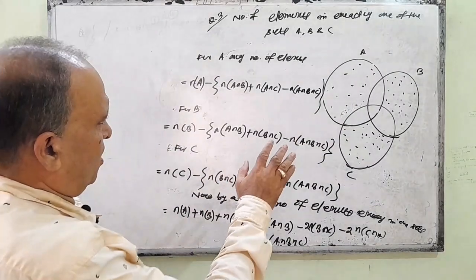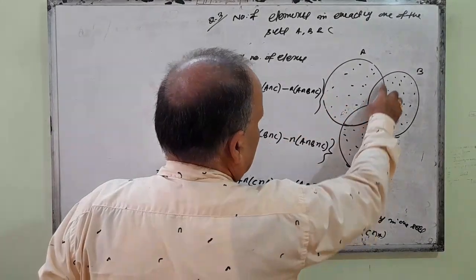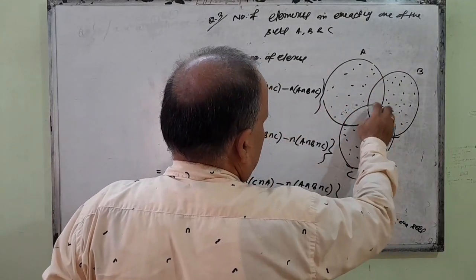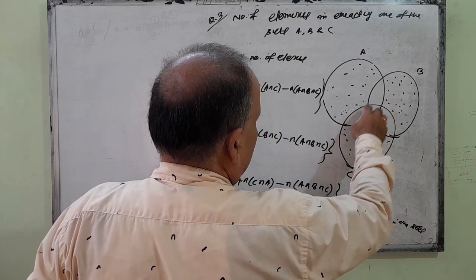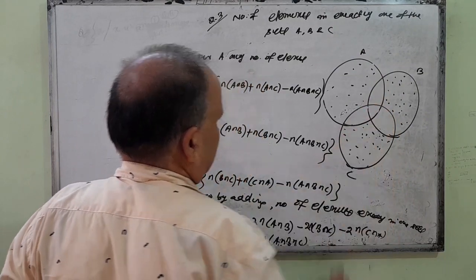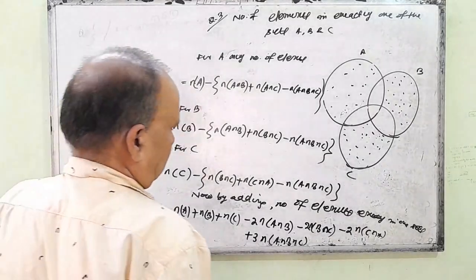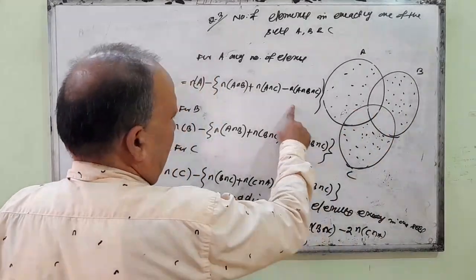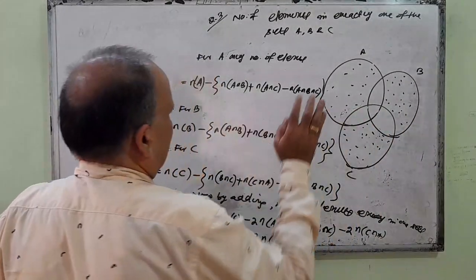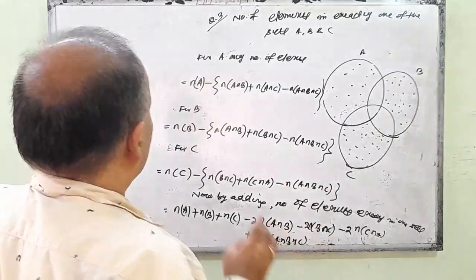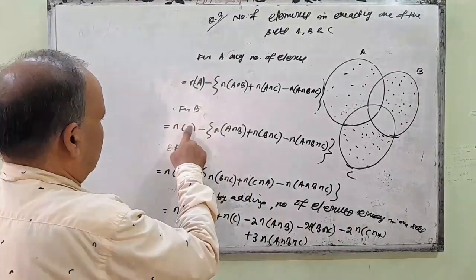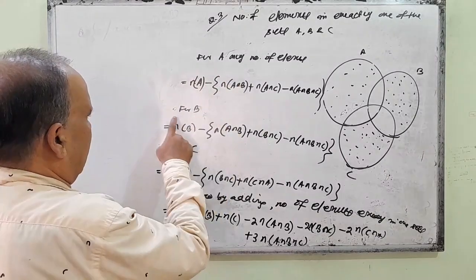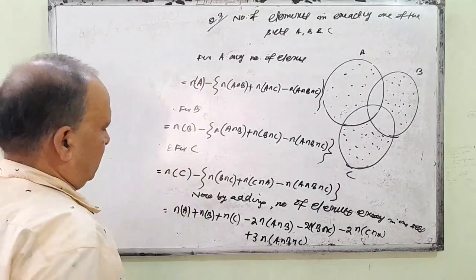For the first part only, this plus this minus this. One you remove, only just one remove, that means the remaining part is intact. So this is for A, for B and for C, then you add all this.